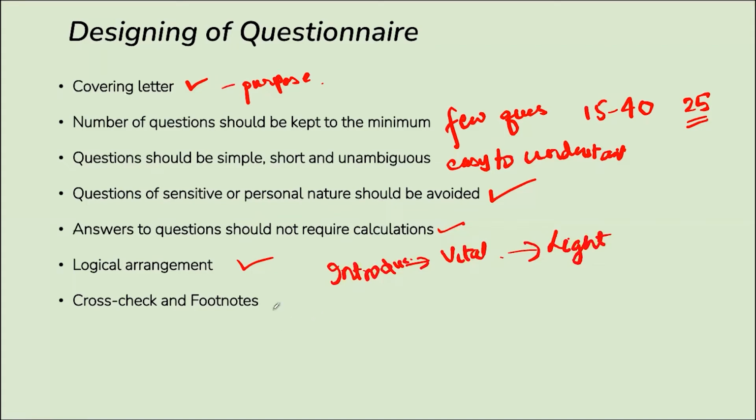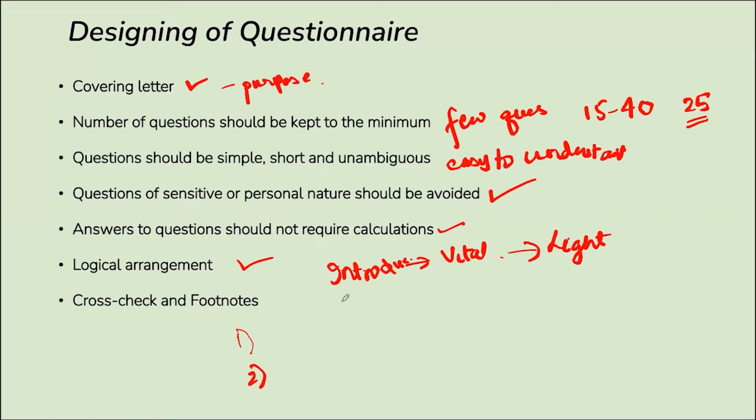Then you can check the reliability of the answer. The first question can be, what is your income? That is not a very relevant question by itself. You can ask, do you earn something? And then you can ask, are you an income tax assessee? So this will cross-check the questions.